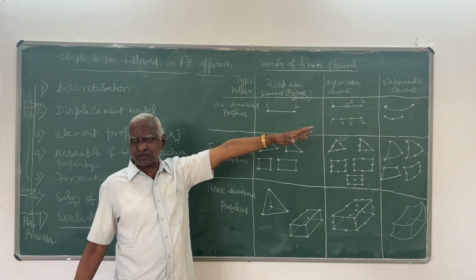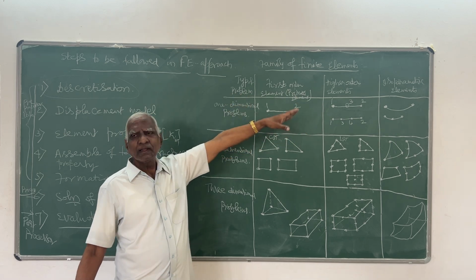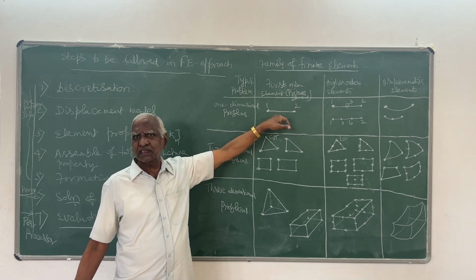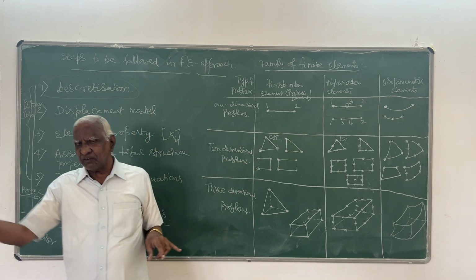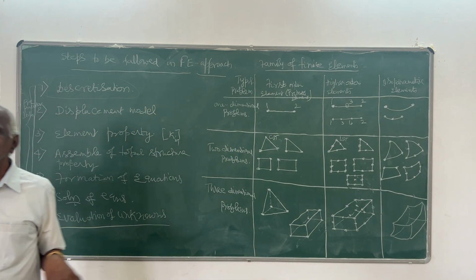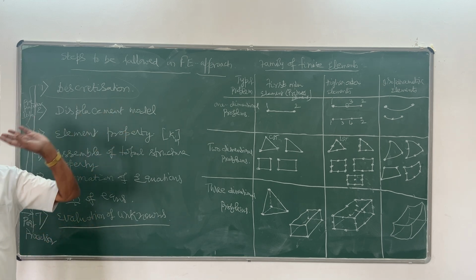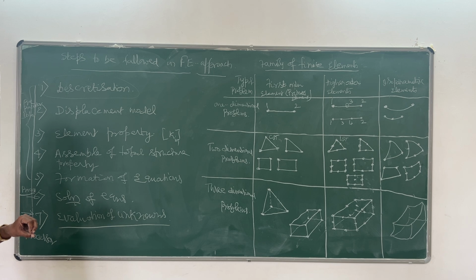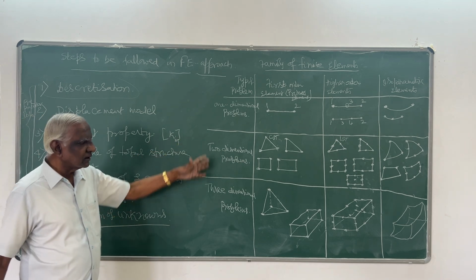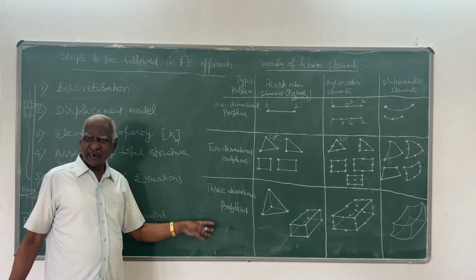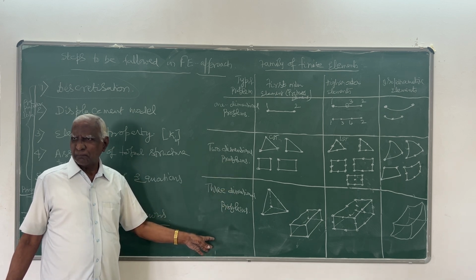Isoparametric type is not a special one. It is only a subcategory of the linear one, because the same shape function is used for defining geometry also. That's all. Right now we don't have to bother much.